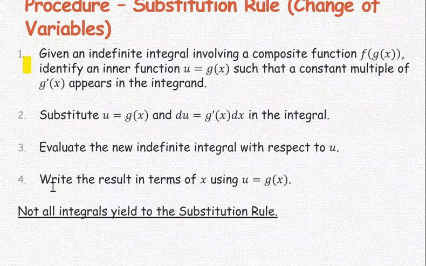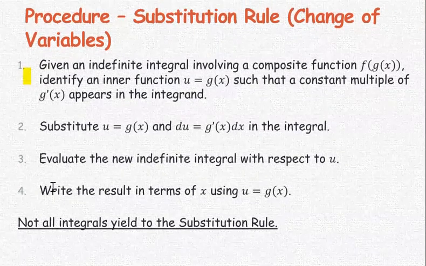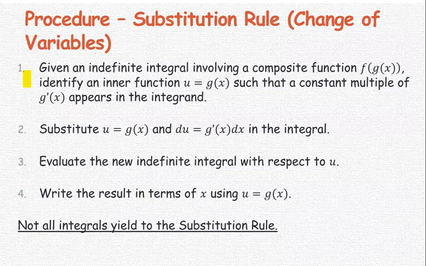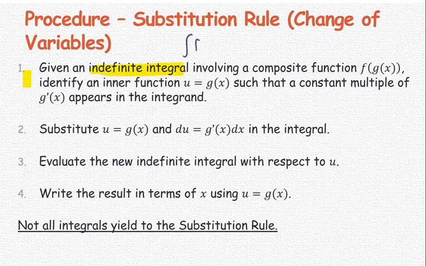All right. So for the process of the substitution rule, you are given the indefinite integral, which is in the form of the integral of f of x with respect to x. And the function is a composite function. You see the inner function and outer function composed with each other.